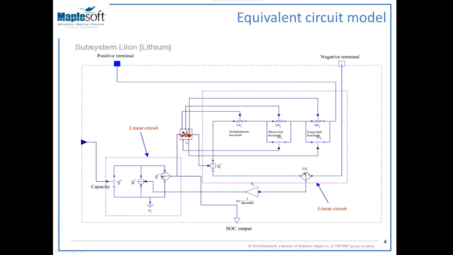Their values are determined by a set of equations inside this custom component, which describes the relationship of the parameters of the linear circuit on the right hand side based on the state of charge of the battery, which is measured by using a voltage sensor based on a large capacitor on the linear circuit on the left hand side. The large capacitor on the left hand side allows us to model the capacity of the battery.